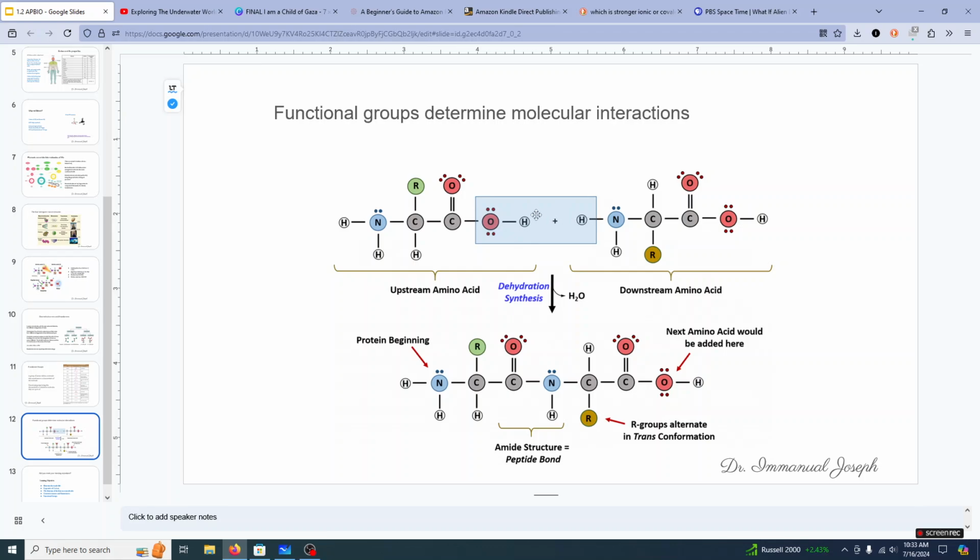Okay, and that loss of water results in a bond between this carbon and this nitrogen being created, and this carbon, of course, being attached to its oxygen and another carbon and so on. And here you have this nitrogen being attached to a carbon and so on. So this carbon and nitrogen are forming a bond. That kind of a bond is called an amide bond, otherwise called a peptide bond. So again, we will look at this kind of synthesis of proteins from amino acids in the next few chapters.